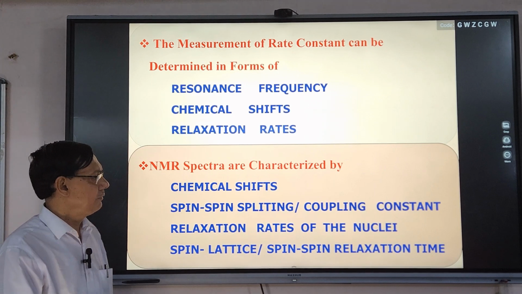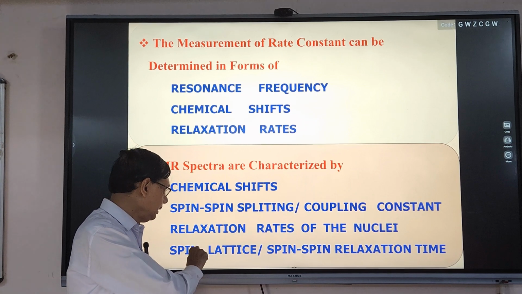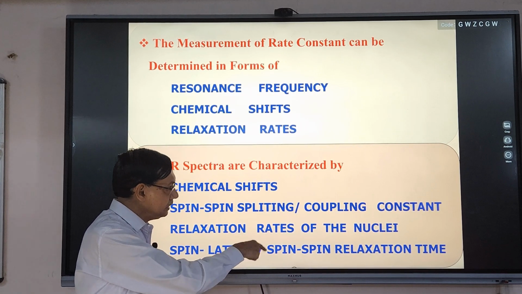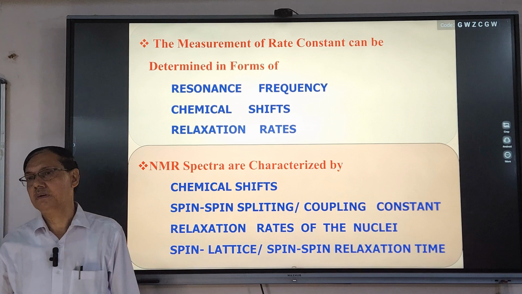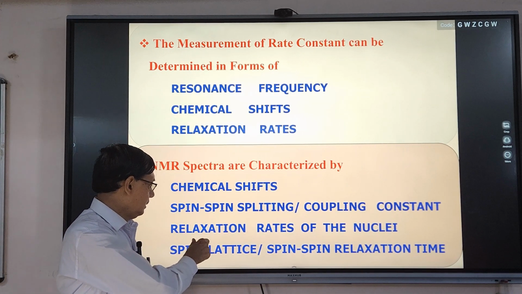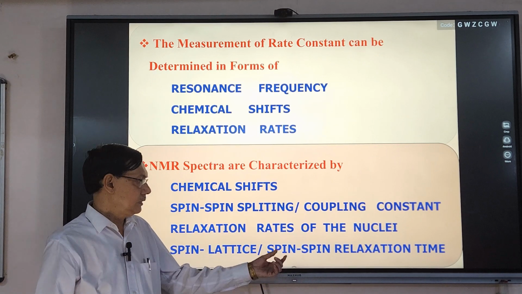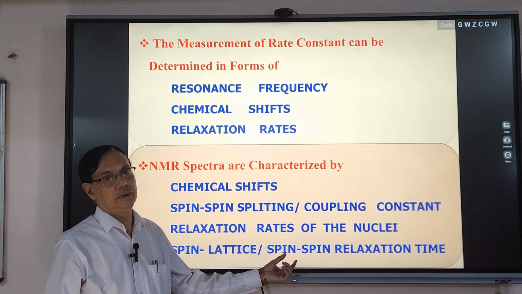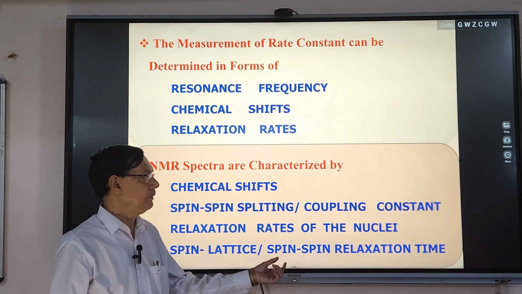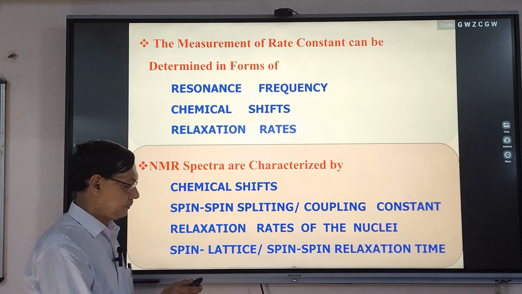In my first lecture, I had explained the difference between the spin lattice relaxation and spin relaxation time. Today also I will very briefly explain this, because with the help of these two parameters, one can study the rate of the reaction, or determine the rate constant.